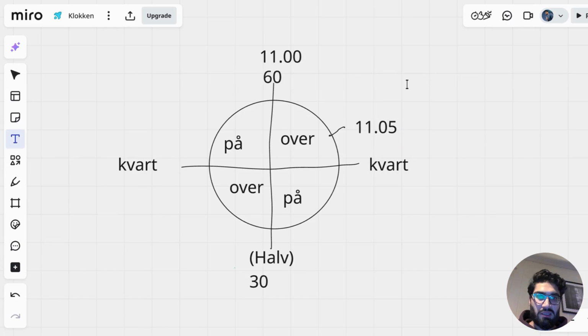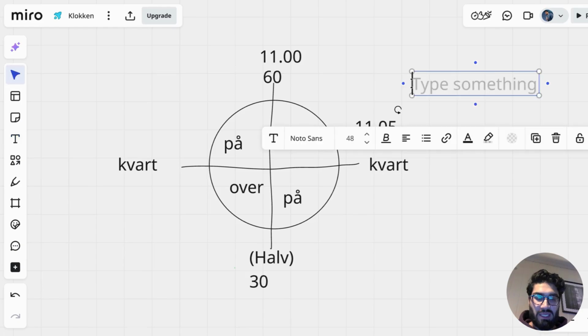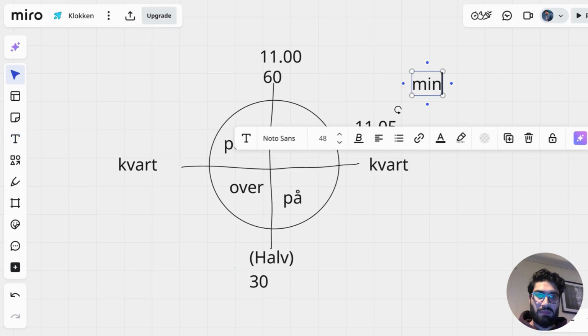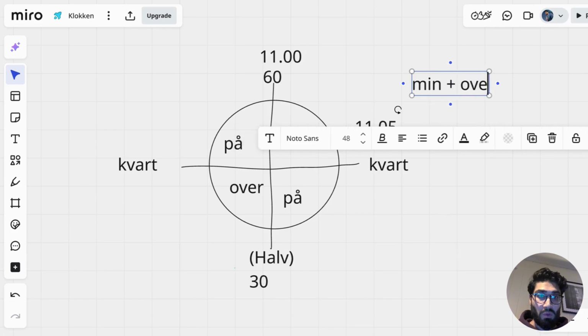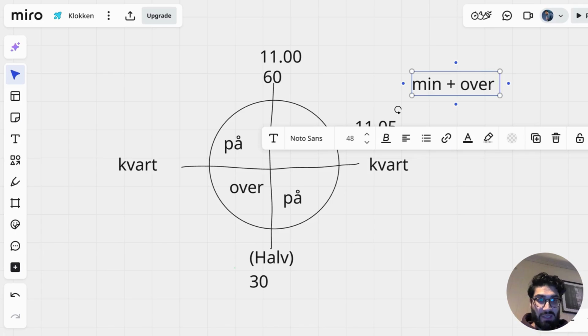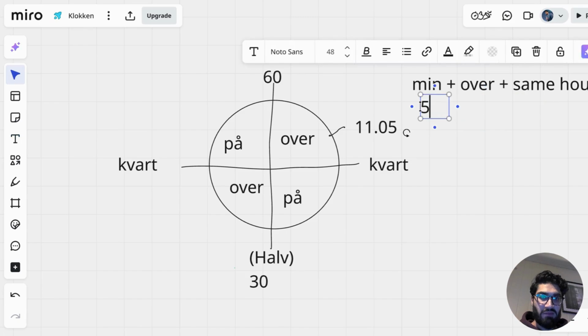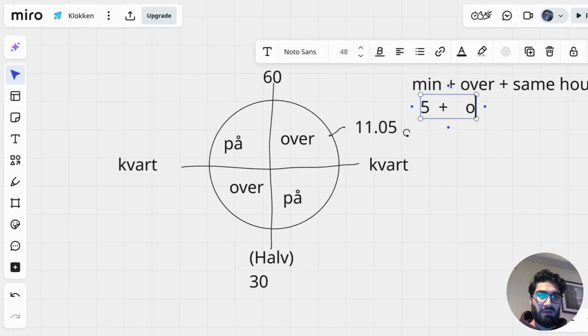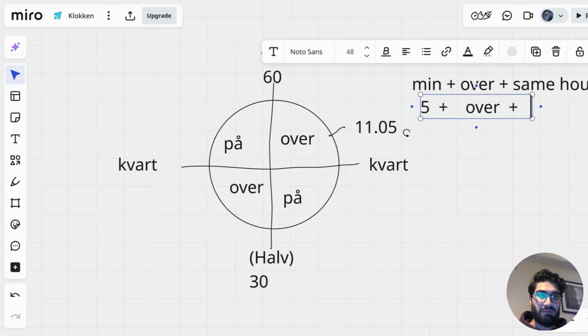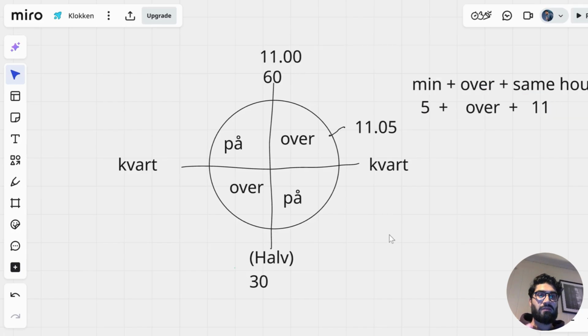In Norwegian, the rule is we would say minutes plus over, because that's where it is, plus the same hour, which is 11 in this case. So 5 is the minutes, and then we have over, and then we have 11. 5 over 11.